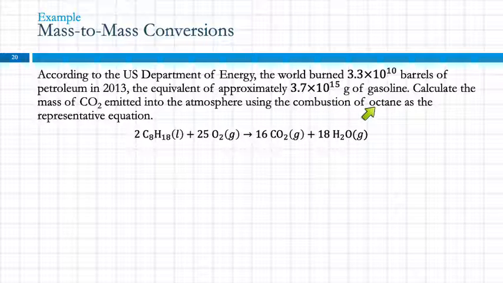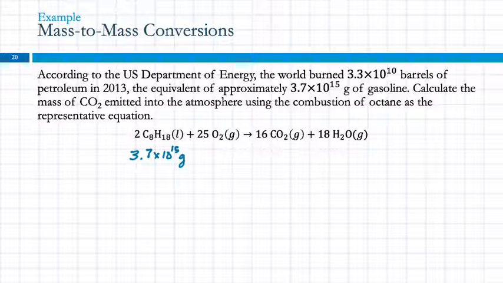So this one's a little bit confusing interpreting what those things say. But we're going to take that to mean 3.7 times 10 to the 15th grams of octane. So I'm going to write that number under the formula.